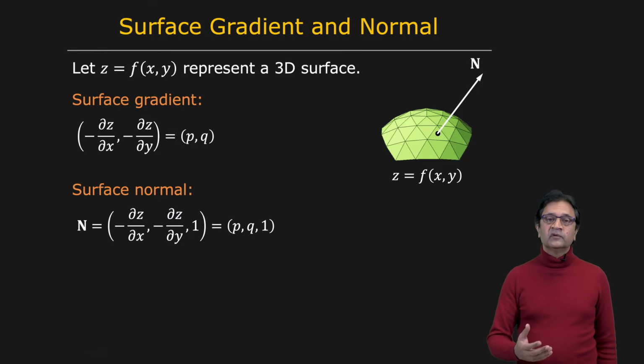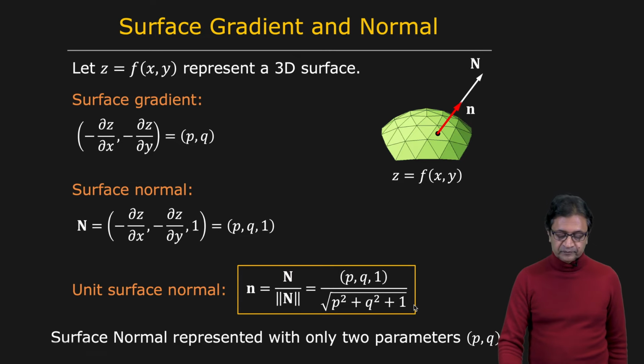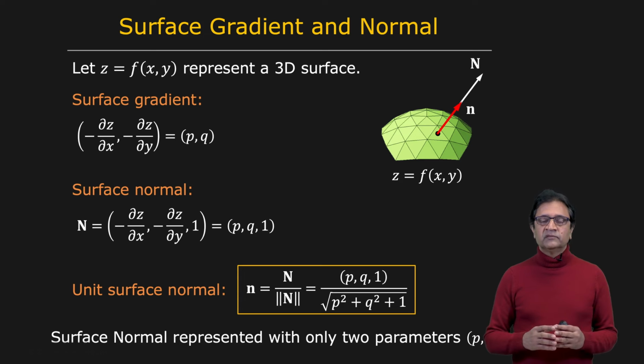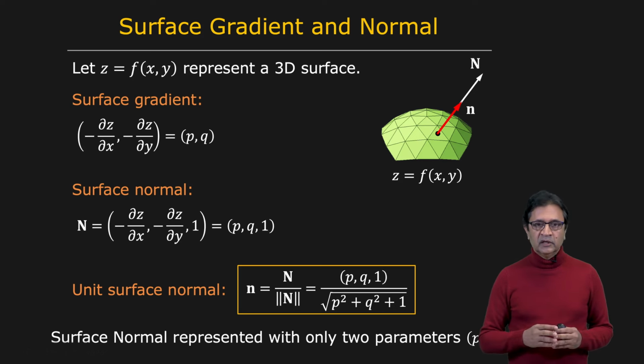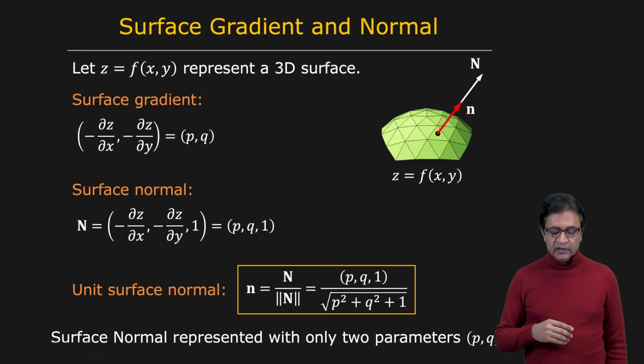And now if you wanted to find the unit normal, that is just this normal vector right here divided by its magnitude, so that's p, q, 1 divided by square root of p squared plus q squared plus 1. So p, q, which is the gradient, is a very simple way to represent the surface normal at each point using just two parameters.